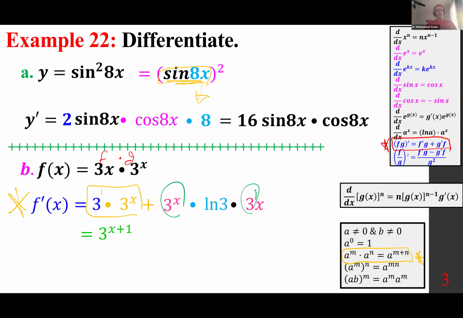So we are going to write the first one as 3 to the power of x plus 1. The second piece, 3 to the power of x plus 1, and then times ln 3 times x. Therefore, we can clearly see that the common factor of 3 to the power of x plus 1 can come out and be factored. This leaves us 1. This leaves us the product of these two, and we write it as x ln 3. That's how we write it.